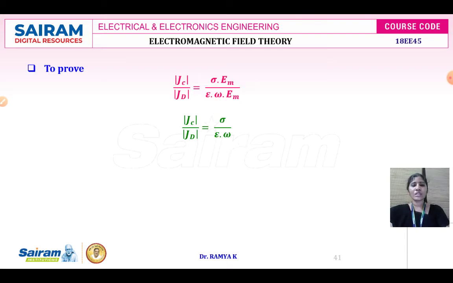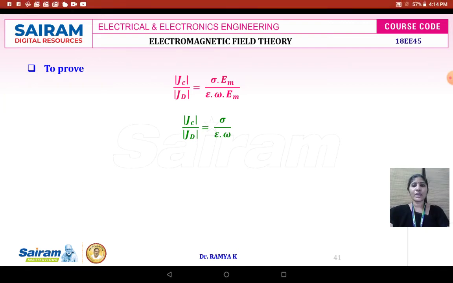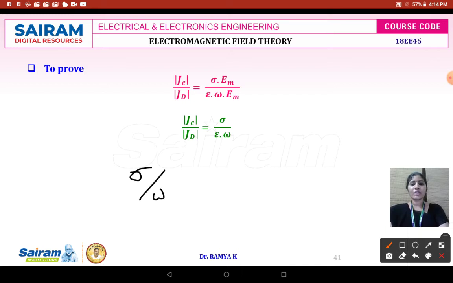Loss tangent is the factor which makes us identify the given medium as either a good conductor or a good dielectric medium. Here we have two conditions. When the loss tangent sigma divided by omega epsilon is much larger than or equal to 10, then the given medium will act as a good conductor.